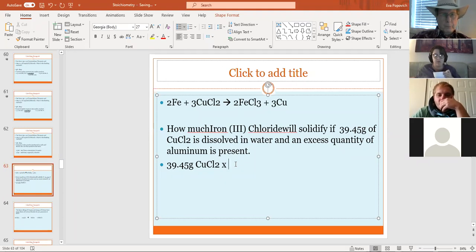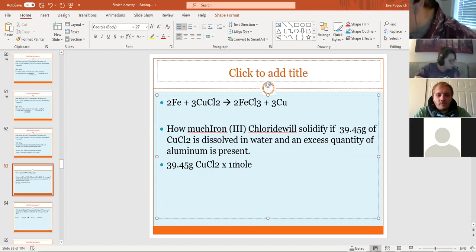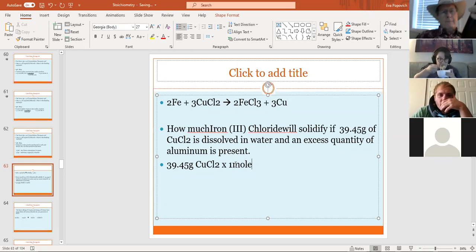The molecular weight, 1 mole over the molecular weight. Okay, the molecular weight. Copper is 63.5. Is that correct, guys? Yes. The molecular weight is 134.4. Okay, I'll trust you on that.